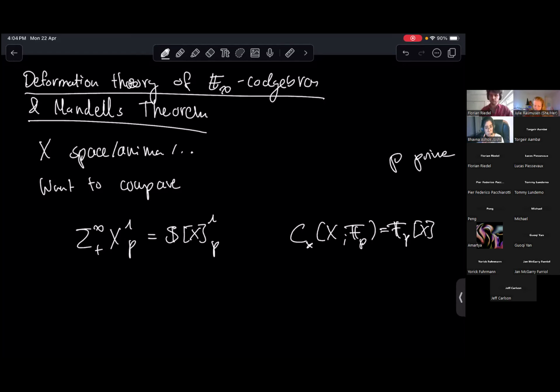I want to compare these two invariants, and it's clear that you can get one from the other, namely you can go from the suspension spectrum to the chains by tensoring with F_p. And I want to ask basically, is there a way to go back?